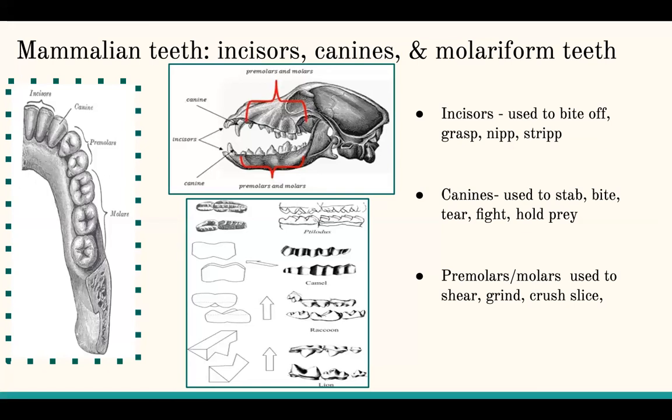Depending on the organism, they can be more specialized. In the image at the lower right, we can see the formation of those cheek teeth, or molars, and the direction that they typically move as the organism consumes its prey.